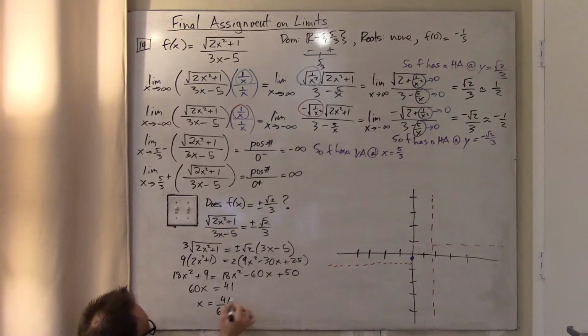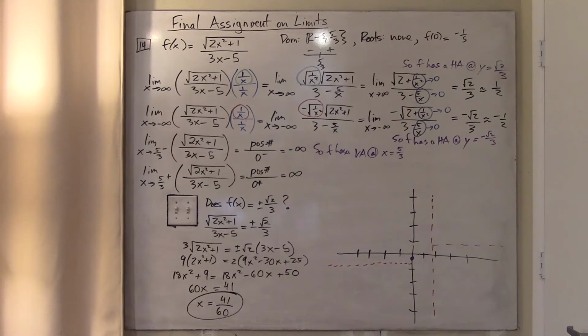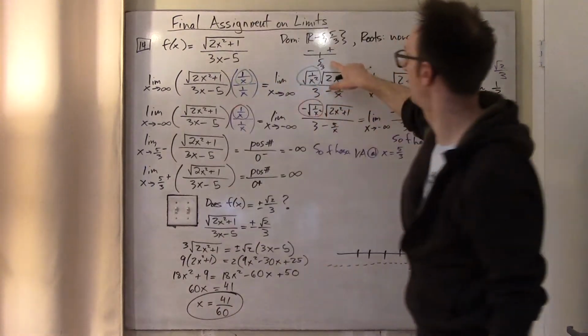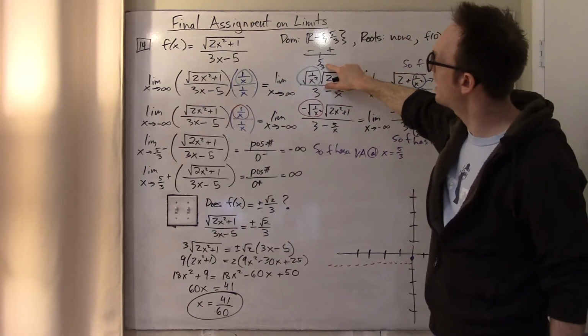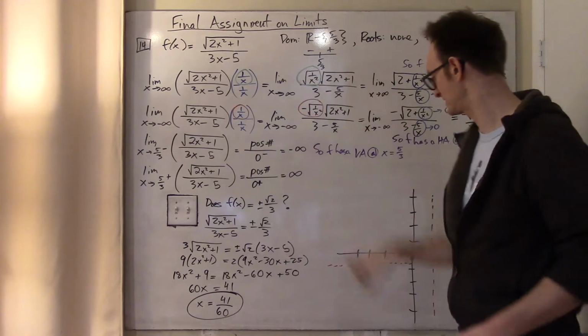Okay, so it appears that when x is 41 over 60, I will in fact cross one of these asymptotes. Which one? Well, I already know that for any x value less than 5/3, the function is negative.